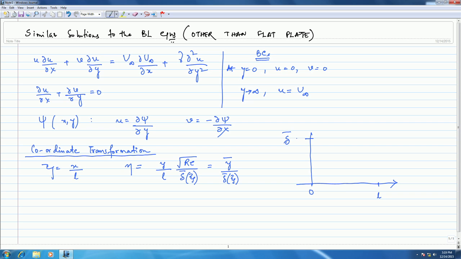This is x, which goes from 0 to L, and zeta is equal to 0 and zeta is equal to 1.